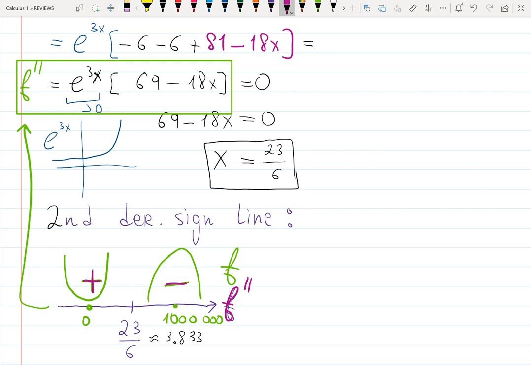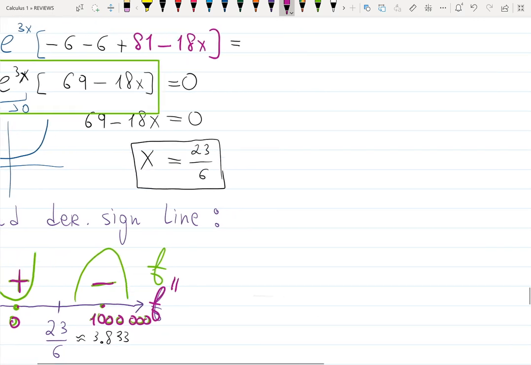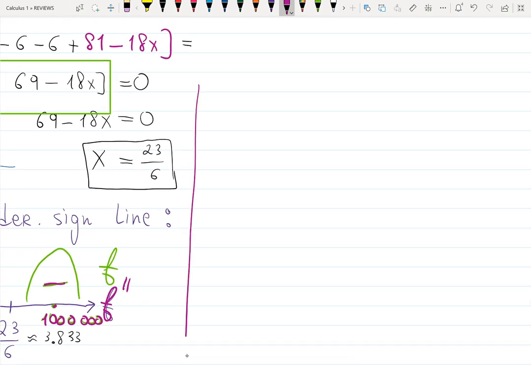And these points were plugged into the second derivative, by the way, just for you to understand. If you have troubles memorizing when the function is concave down and when the function is concave up, I have a funny way to teach it. If the second derivative is positive, the original function is smiling.